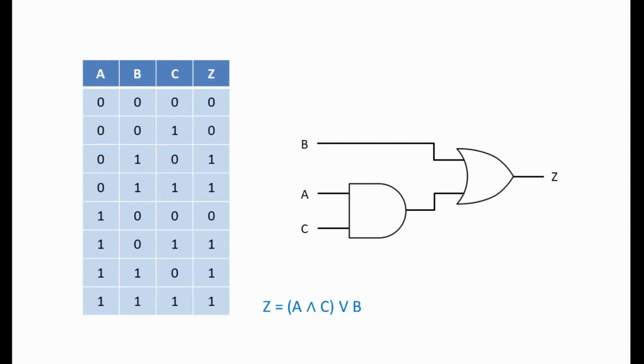It needs fewer components, so it's more reliable. It's faster, it generates less heat, and it's cheaper to make. Because Boolean algebra can be used to simplify complex expressions, and therefore the circuits they describe, Boolean algebra is an extremely powerful tool for designing computers.